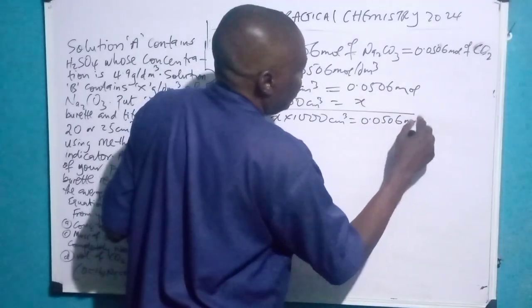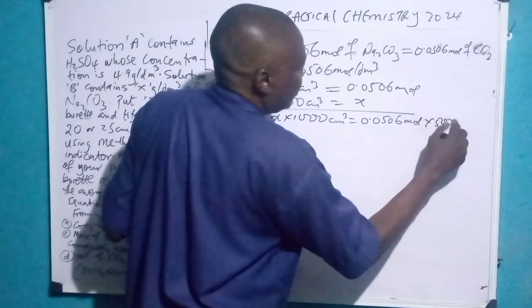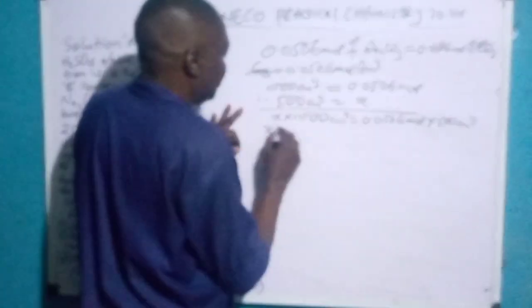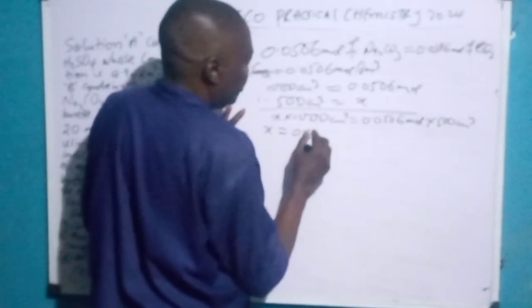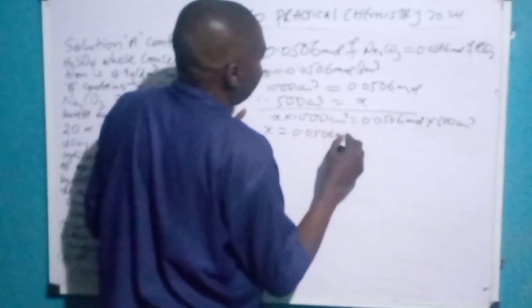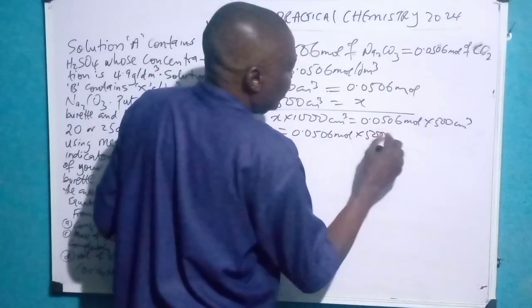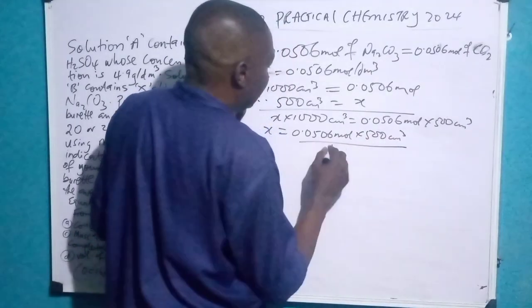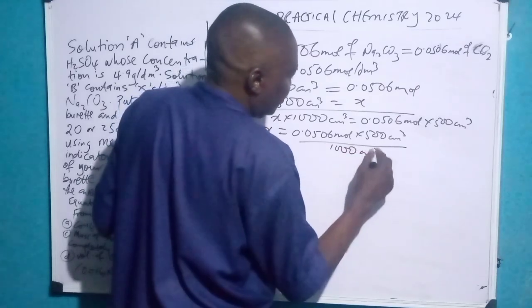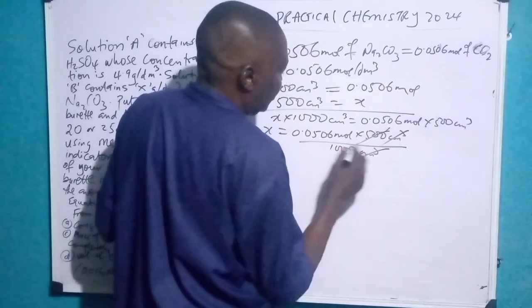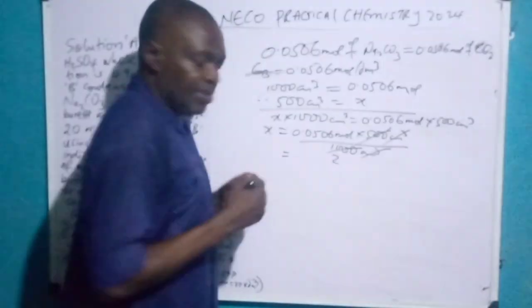0.0506 mole times 500 cm cube. X will now be 0.0506 mole times 500 cm cube over 1000 cm cube. Cm cube cancels, so this here 1, this here 2. We now divide that one by 2.